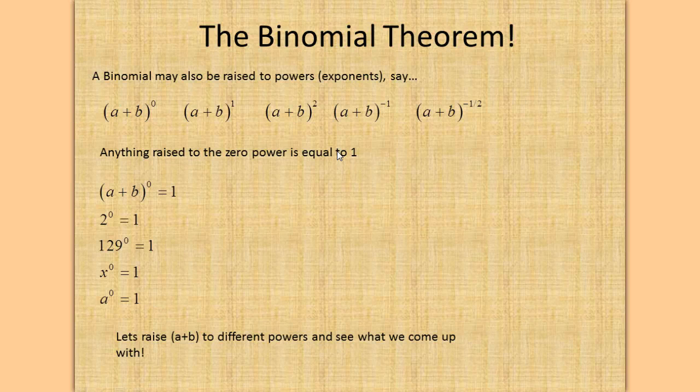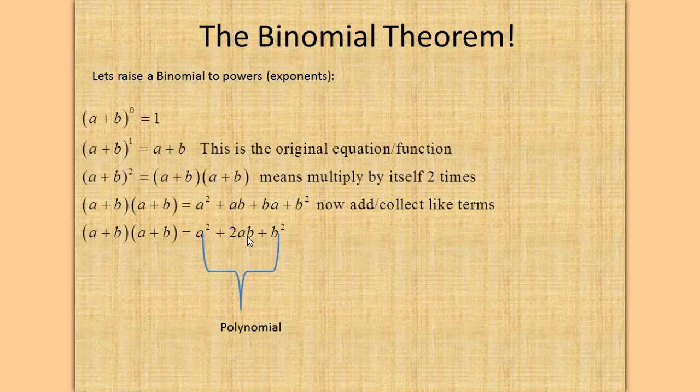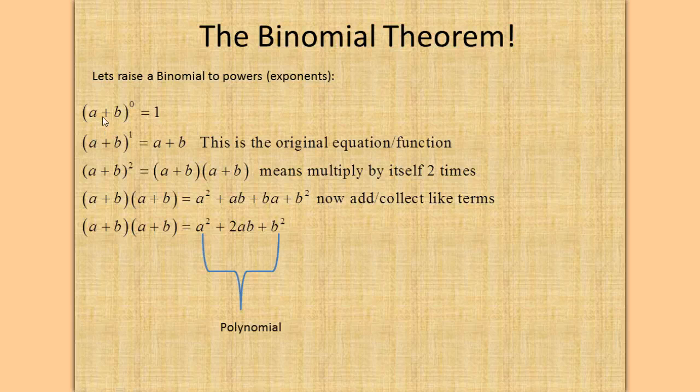Like we had up here, let's raise a binomial to powers. A plus b raised to the power of 0 is equal to 1. A plus b raised to the power of 1 equals just a plus b, right? We just raised it to the power of 1. This is the original equation or function.